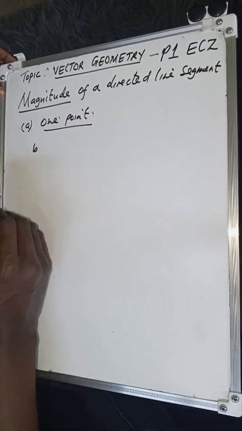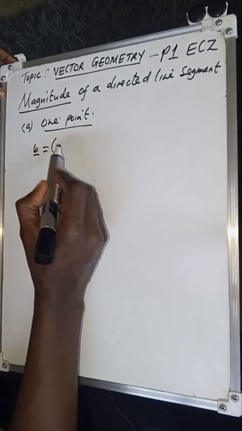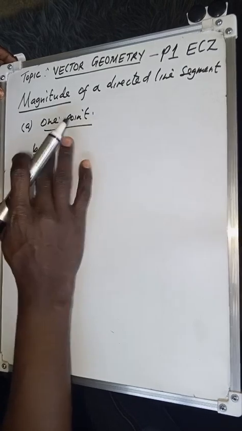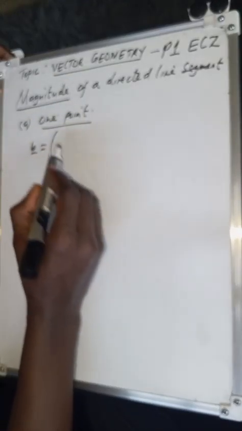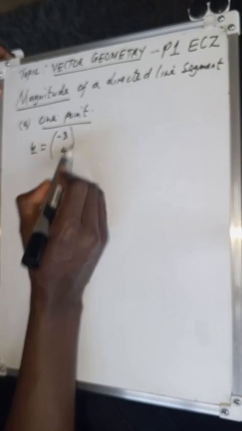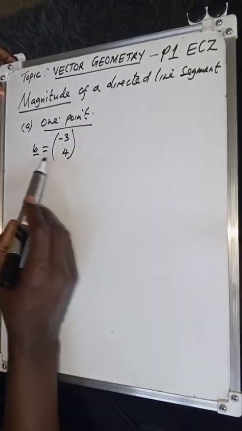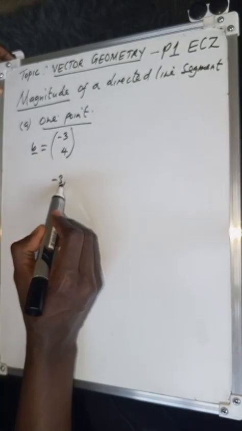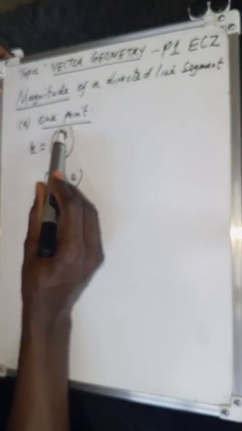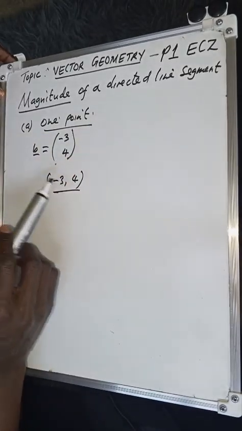For example, let me say you have the vector b, and this vector b is represented by, let me say, -3, 4. So remember, vectors are always written in column form, but when you write -3, 4 horizontally, this becomes a coordinate. But when you write it in column form, that is simply a vector. So you need to remember that there's a difference.